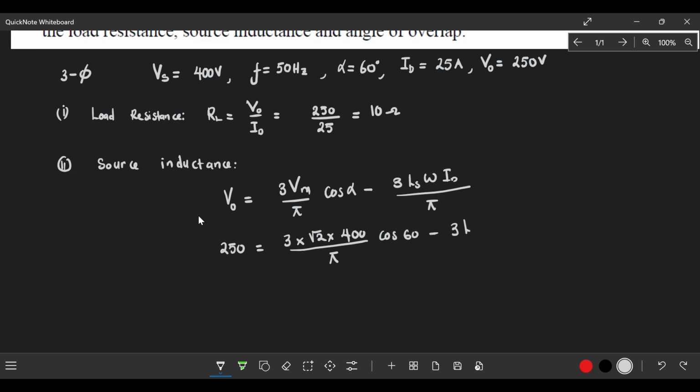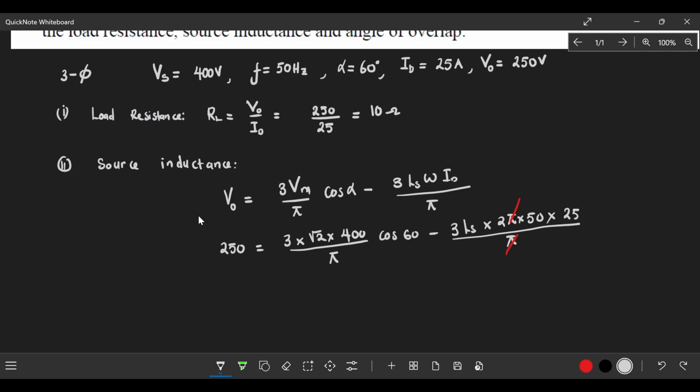Minus, so we're looking for Ls. Omega is simply 2 pi f, so our frequency is 50 hertz, and then Id is 25 amps, divided by pi. You see that this pi and this pi always cancel out.